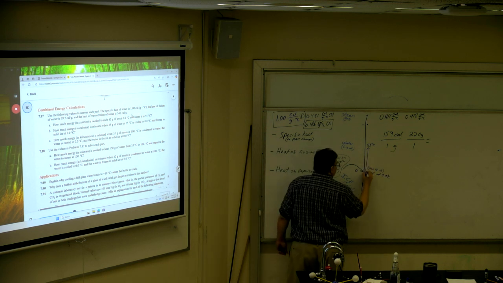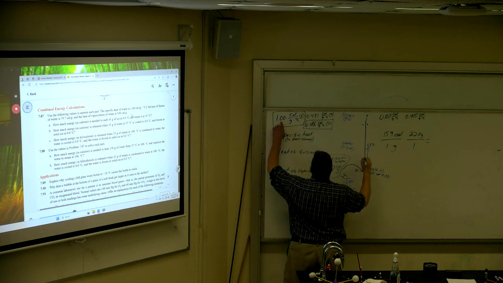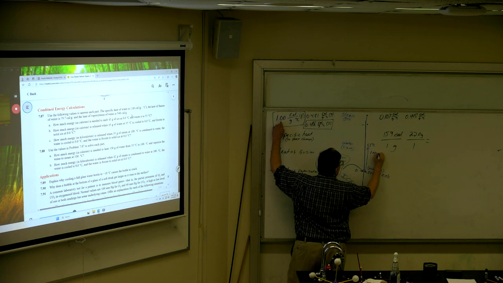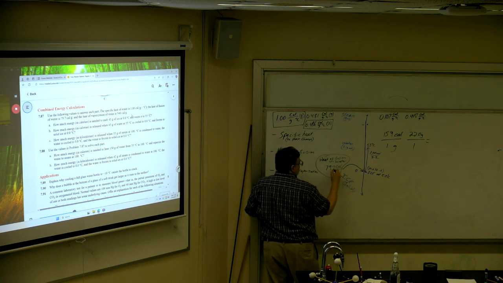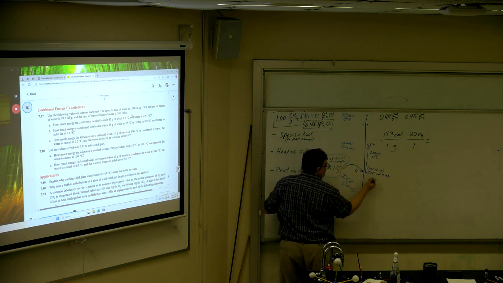So for this temperature change, we're going to use 1 calorie per gram per degrees C. And then we're going to use the heat of fusion of water to calculate the melting process.